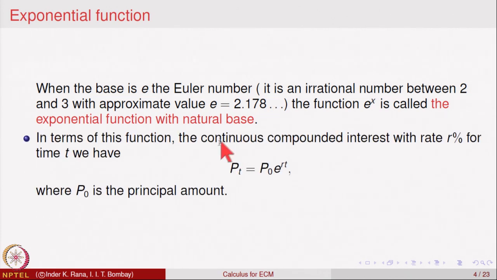For example, we saw in the previous lecture also, in terms of this function, the continuously compounded interest with rate of interest r% in time t is given by P(t) = P0 e^(rt). So, P(t) is the principal that it will grow into in time t, P0 is the initial investment or the principal amount, r is the rate of interest, and t is the time. So, e raised to power rt, the exponential function, appears in representing continuously compounded interest at the rate r for time t.